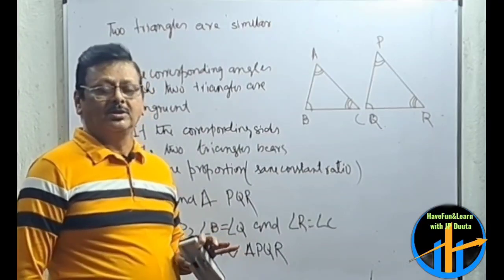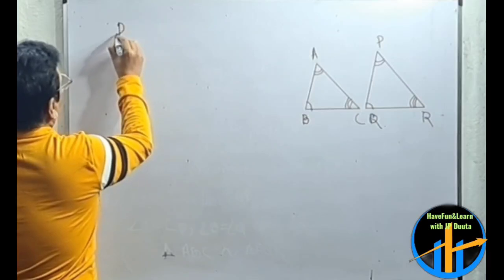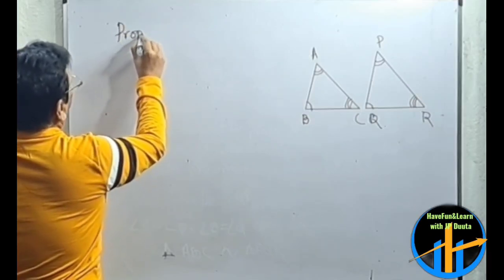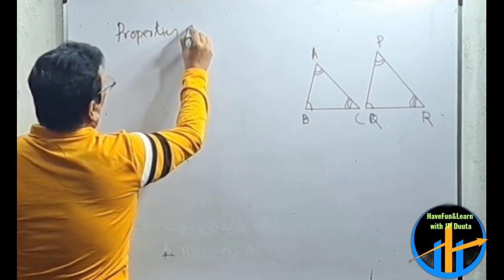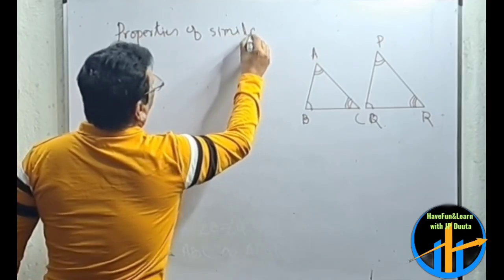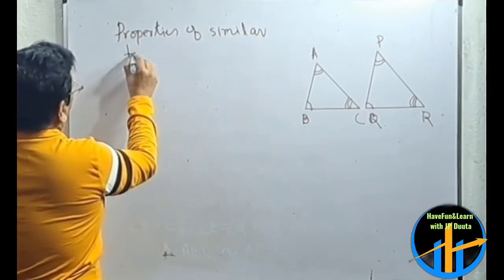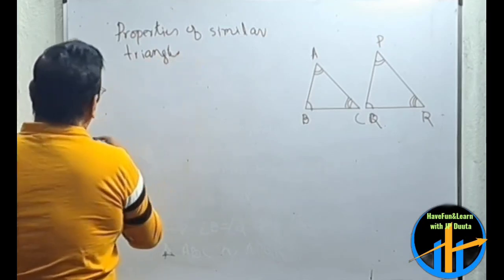The properties of similar triangles, what to look for. What are they?